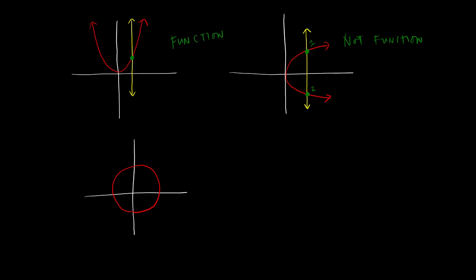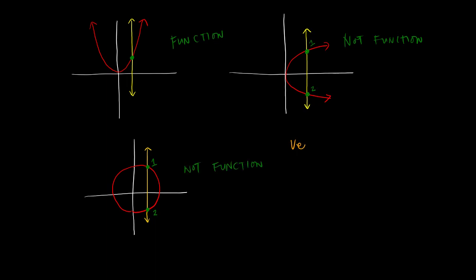So a circle is not a function, because using the vertical line test, we can see that the circle and the vertical line intersected here and here. So they met twice, first here and then second at this point. So therefore, a circle is not a function.